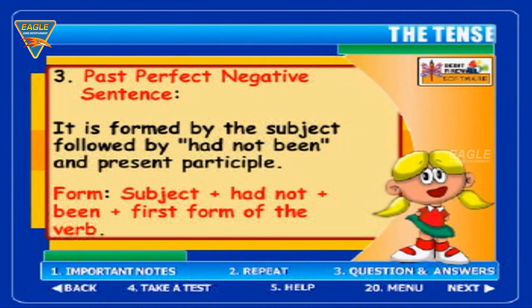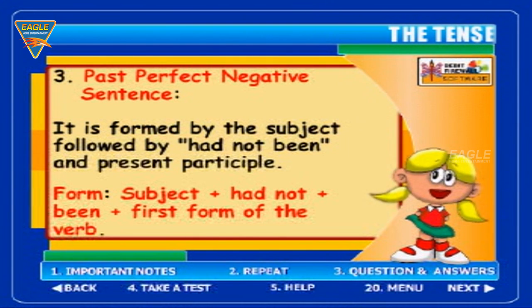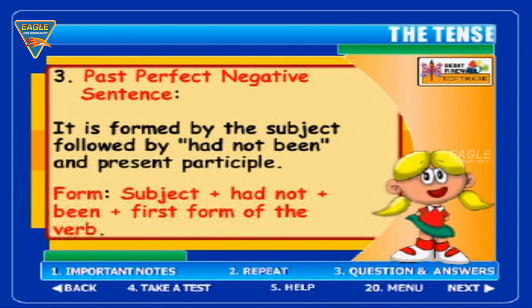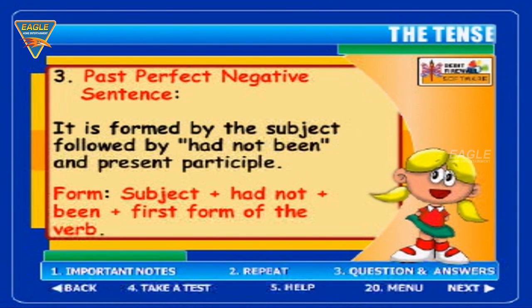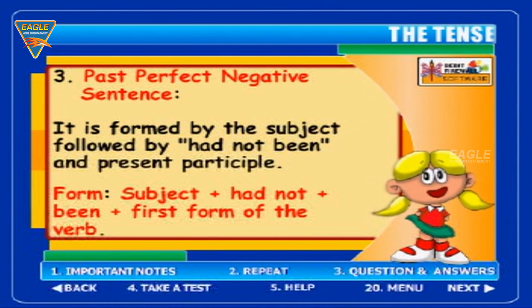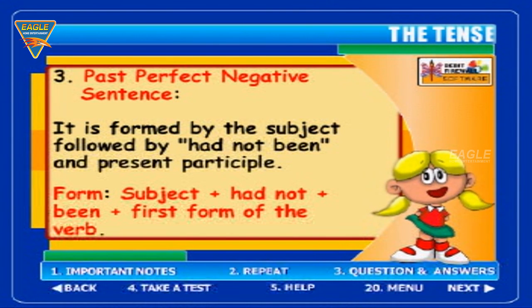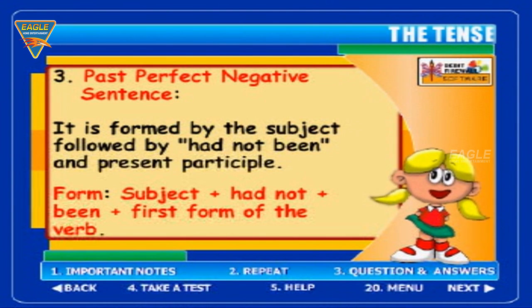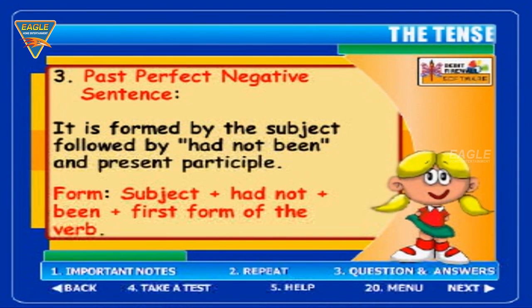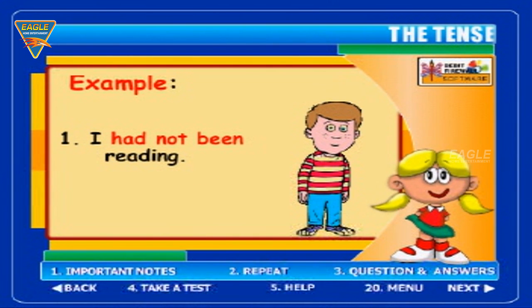Past perfect negative sentence. It is formed by the subject followed by had not been and present participle. Form: subject plus had not plus been plus first form of the verb. Examples: I had not been reading.